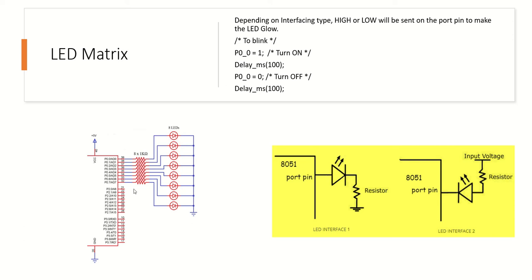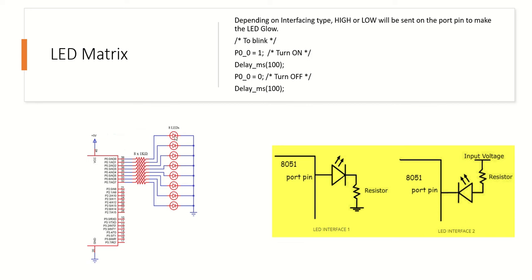In this example diagram, you can see we have a complete port, port 0, which has different pin numbers from 0 to 7. Here we have connected 8 LEDs. Here we have a resistor, let's say a 1k resistor, and here we have a ground.